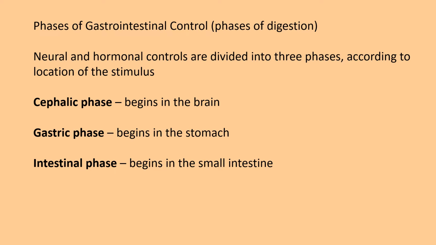And when a person ingests a meal, it takes between 24 and 72 hours for that meal to be fully processed. And by fully processed, I mean the food material travels from mouth to anus. So from ingestion to defecation, it can take, on average, 24 to 72 hours. And that depends on the person.